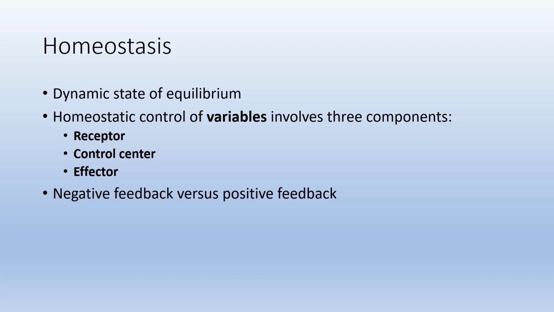So for example, we increase our body temperature, and the production of sweat allows for that heat to be dissipated or evaporated off of the skin, thereby bringing body temperature back down to a homeostatic level. Positive feedback, however, is when we have a stimulus and the body's response is to enhance or increase it. And in the next couple of slides, we will see examples of each of these.